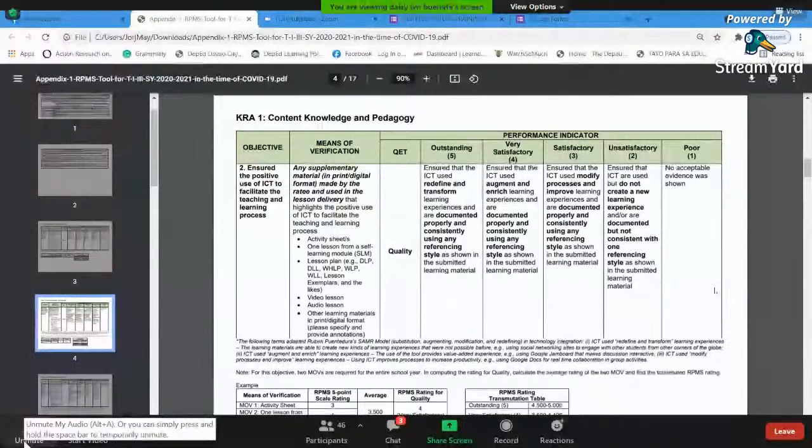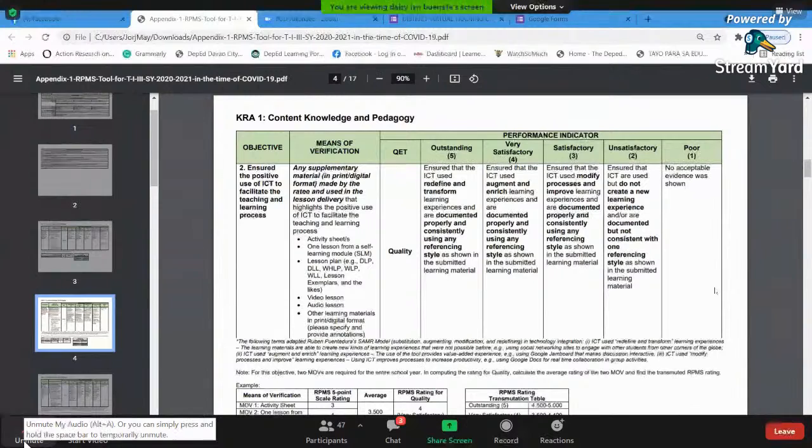So i-specify nimo kung kani others ang imong gamiton, kinahanglan naka-annotate, meaning na kay explanation nganong kani imong gigamit para ani nga objective.